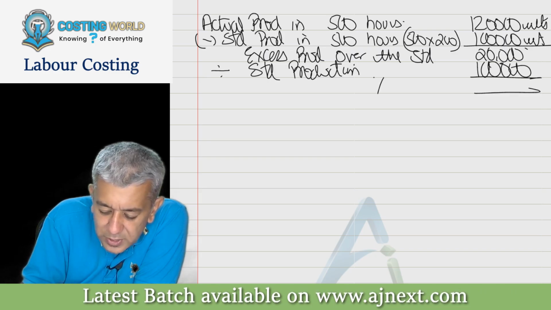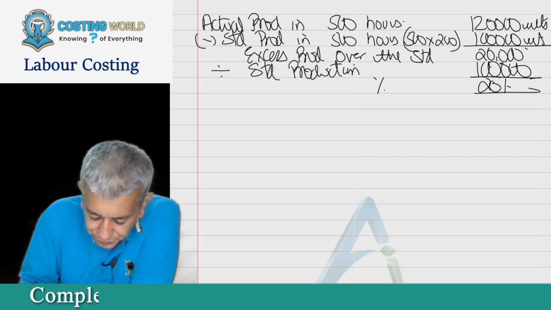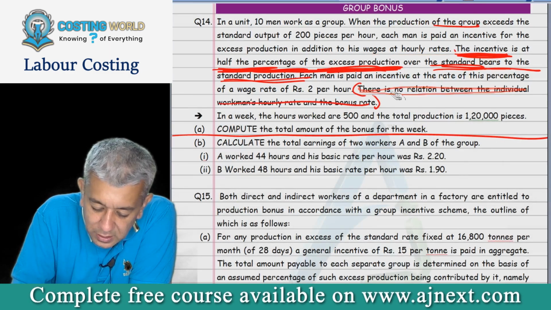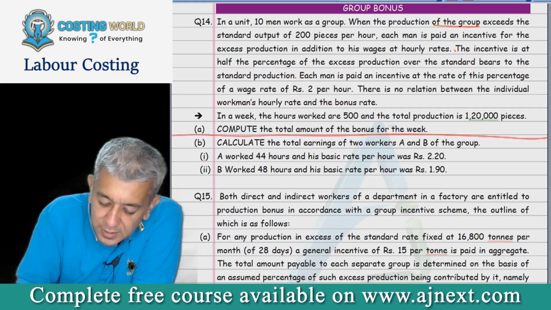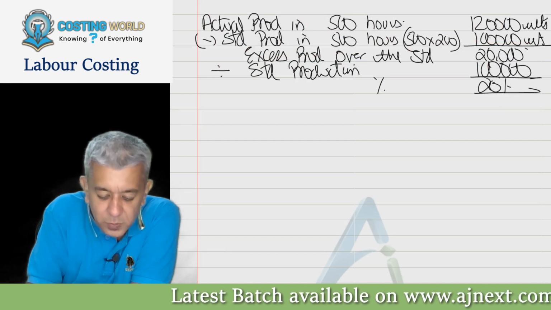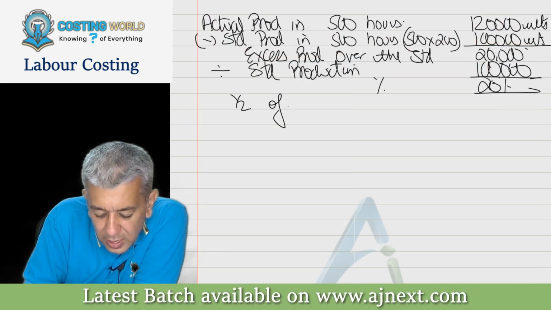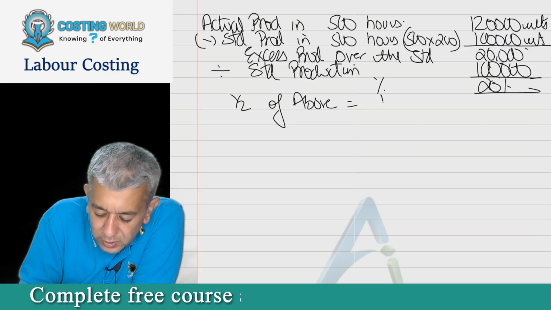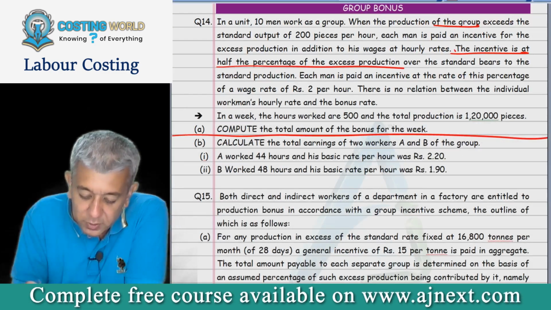Can you say this percentage will be 20%, no? Now, what these guys are saying, the incentive is at half the percentage, so half of this percentage. Therefore, half of above is equal to 10%.